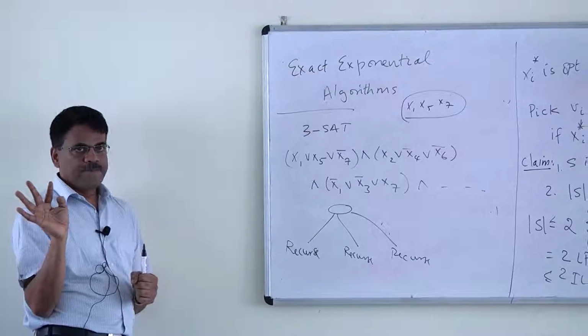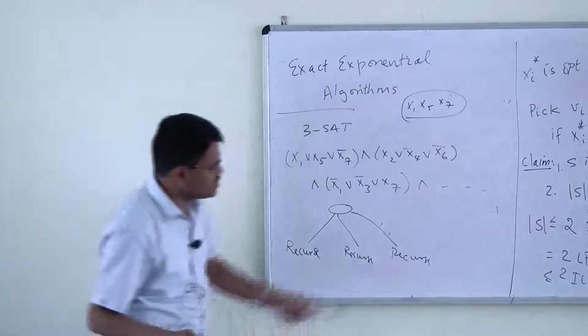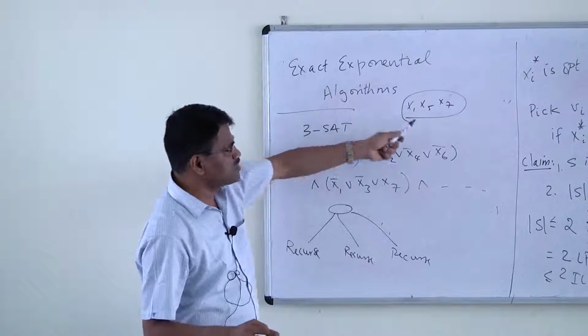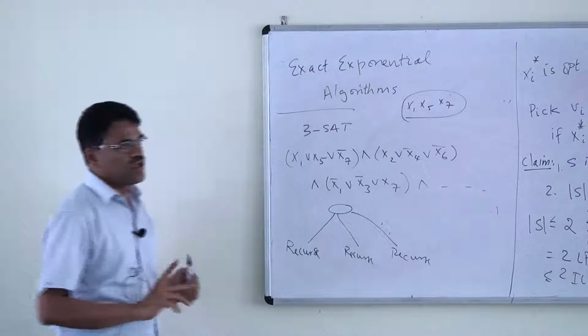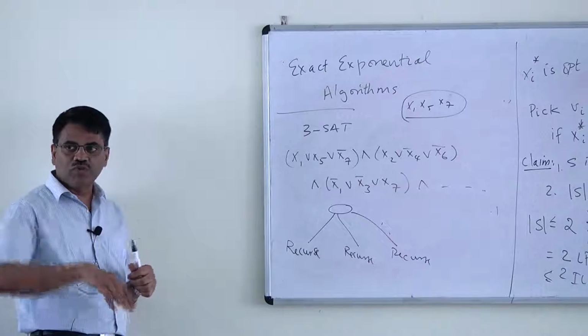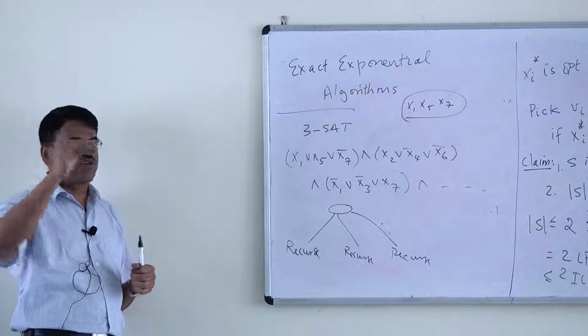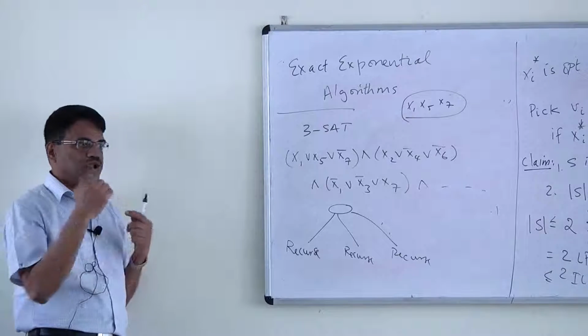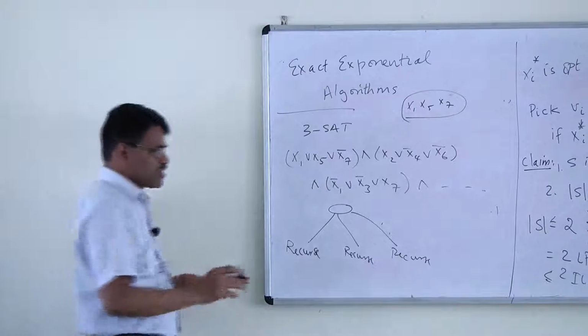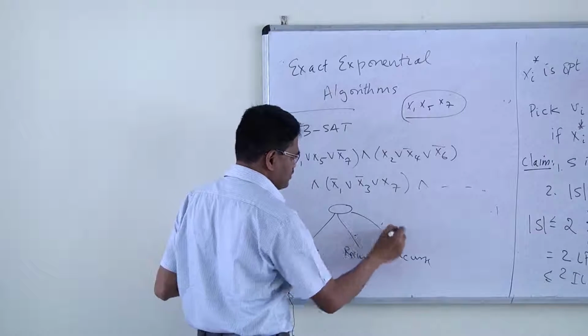Which is not allowed? x1 0, x5 0, x7 1 is not an assignment I want to explore because that will not satisfy the formula. I can as well decide and abandon that branch. So I do a 7-way branch.